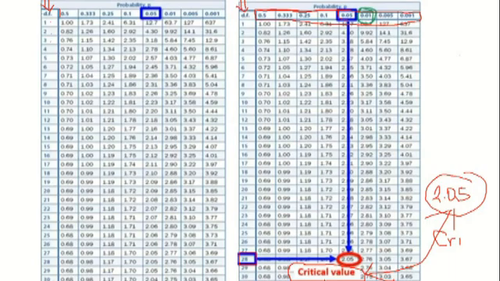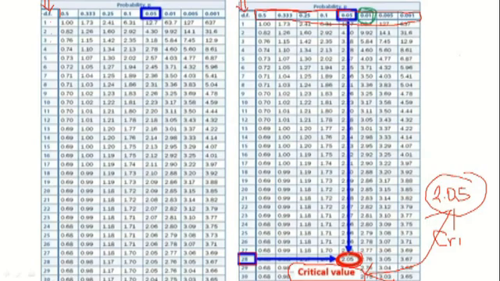So we locate where 28 is, and when we locate 28, we move across from the top where 0.05 and 28 meet. The confluence is our value, and that value is called the critical value.